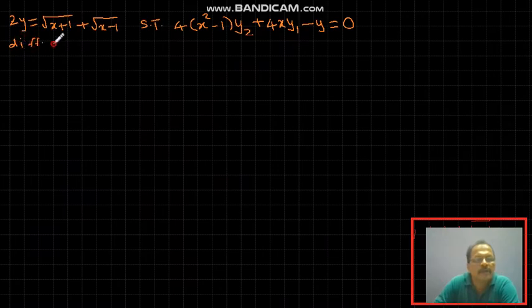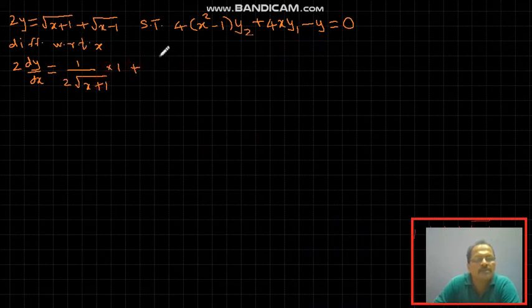Differentiating with respect to x, we get 2 dy by dx is equal to 1 upon 2 under root x plus 1 into derivative of x plus 1 is 1, plus 1 upon 2 under root x minus 1 into derivative of x minus 1 is 1.